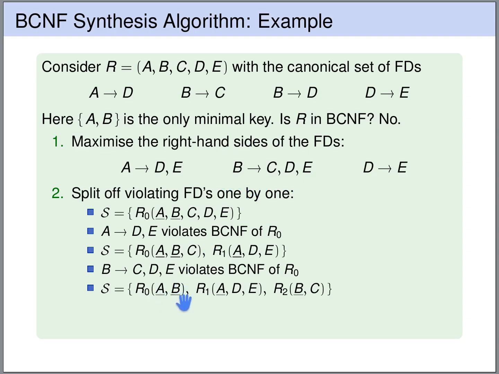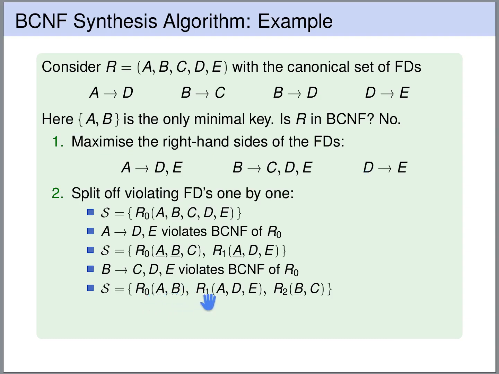A violation is only occurring if at least one of the attributes in the right is in the table. Okay, so this functional dependency does not violate this table. This functional dependency does not violate this table. DE does not appear. So we are done with R0.